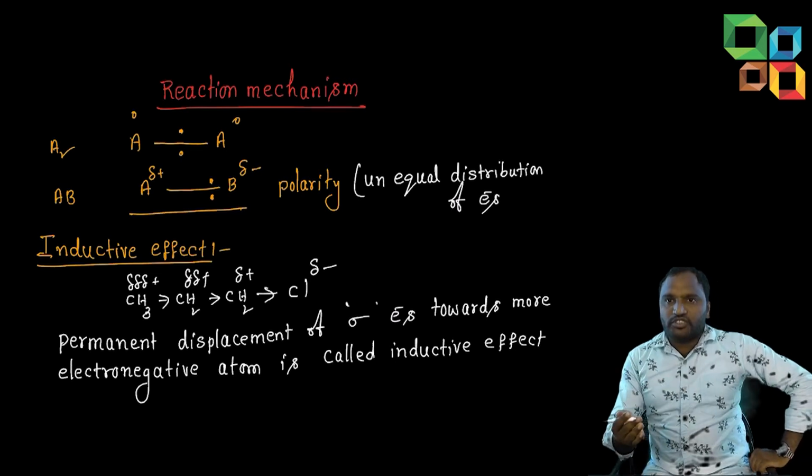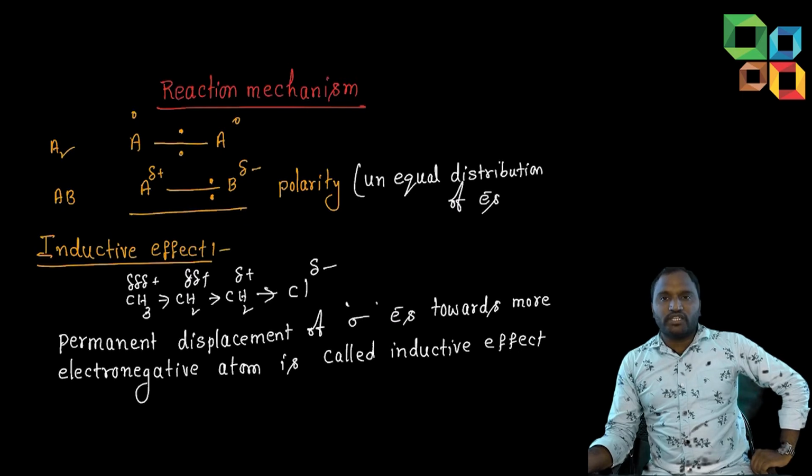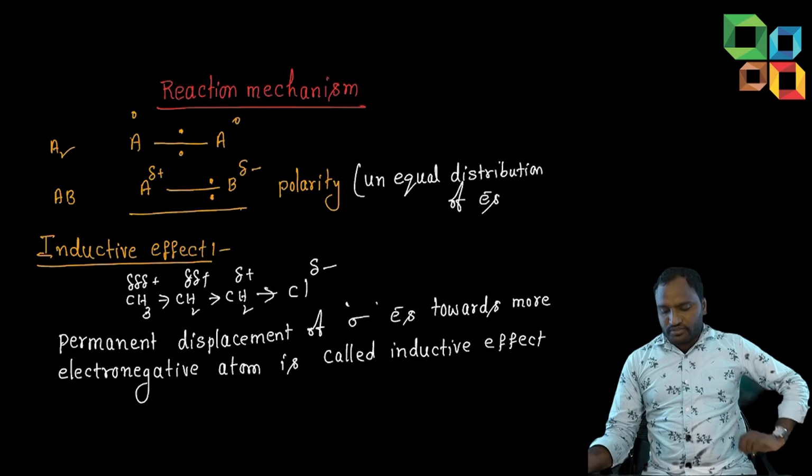Understood? One atom is more electronegative, another atom is less electronegative. So the more electronegative atom tries to take electrons towards itself. This is called inductive effect.